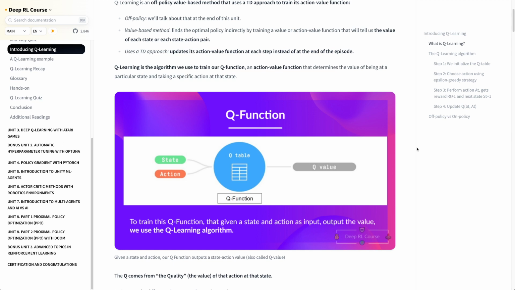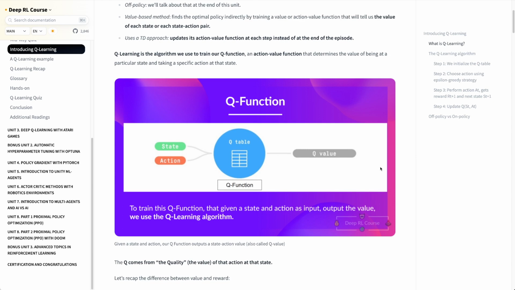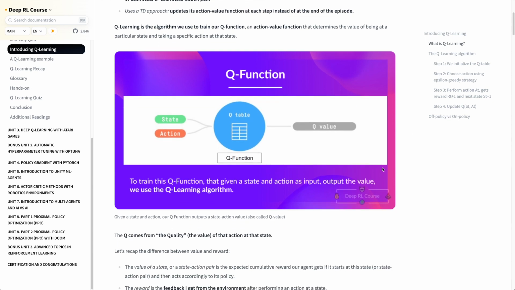To train this Q function, which given a state and action as input outputs the value, we use the Q-learning algorithm. The Q comes from quality, the value of the action at that state.